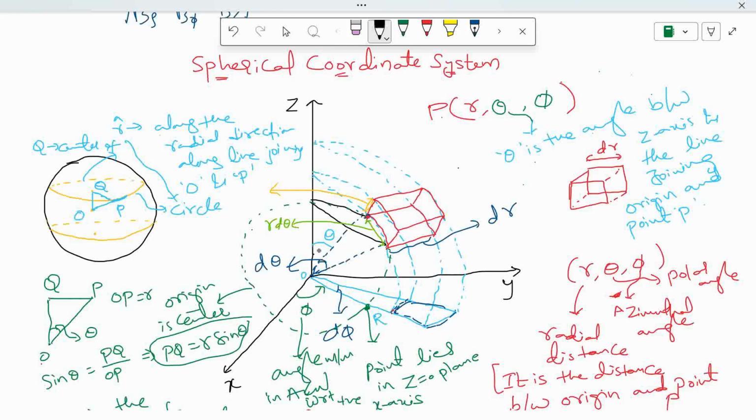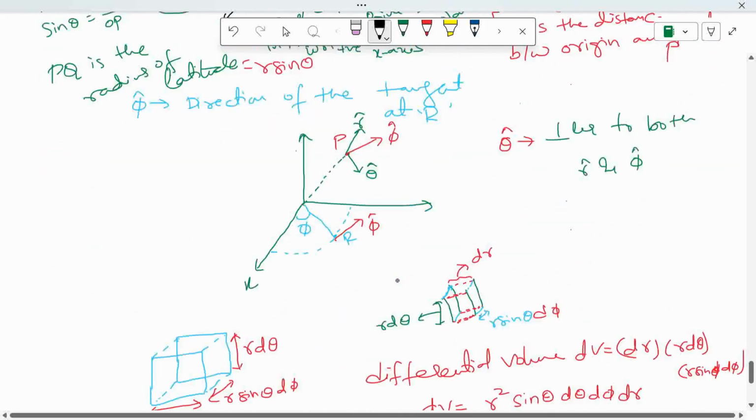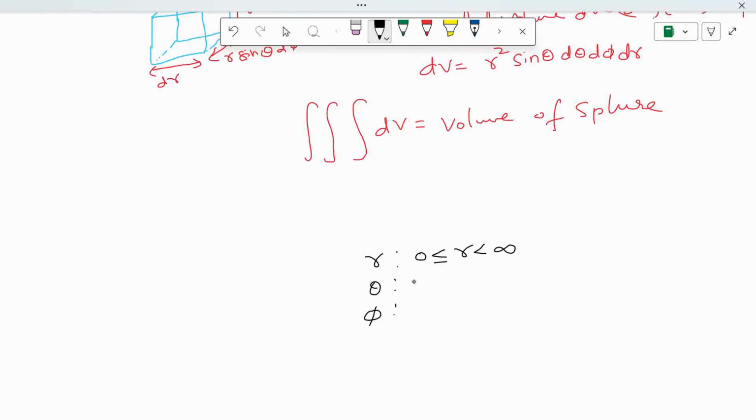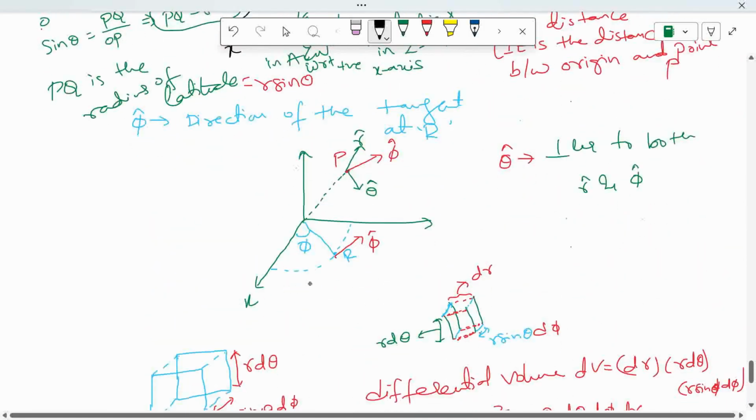So it is basically from 0 to pi. So 0 less than or equal to theta less than or equal to pi.